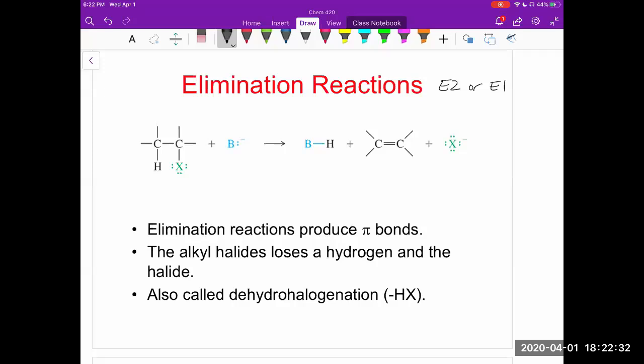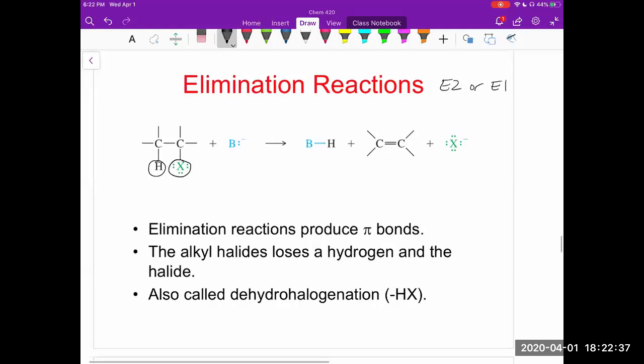Both of them are going to have a hydrogen and a leaving group, and we're going to be removing those. So there's going to be something functioning as a base in the reaction. We'll be taking the hydrogen and the leaving group, getting rid of them, and those two atoms forming a double bond.